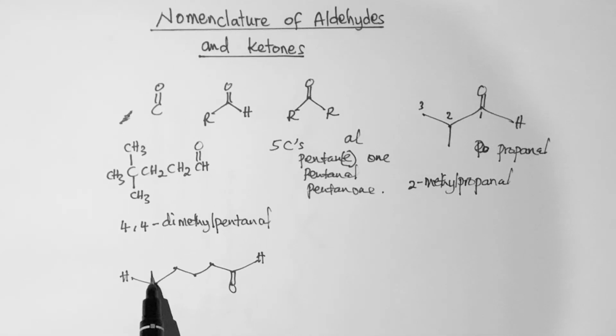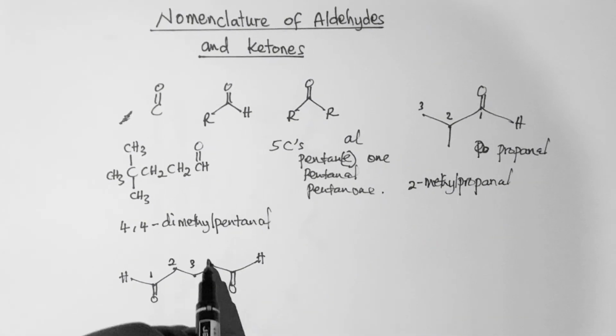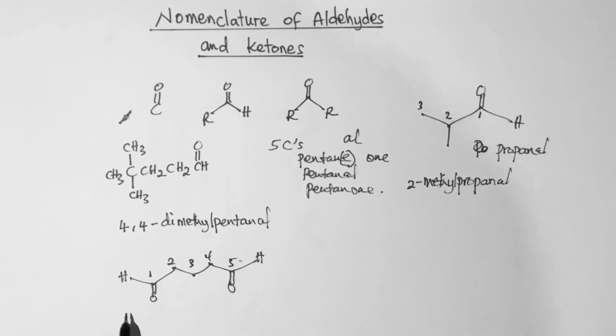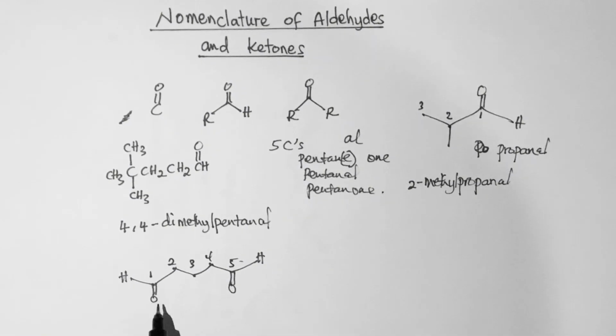If we start from here, this is 1, 2, 3, 4, and 5. So we have a parent chain of 5 carbons. But we need to state the positions of the carbonyl carbons. In this case, we have one on carbon number 1 and carbon number 5. So this is a pentane.